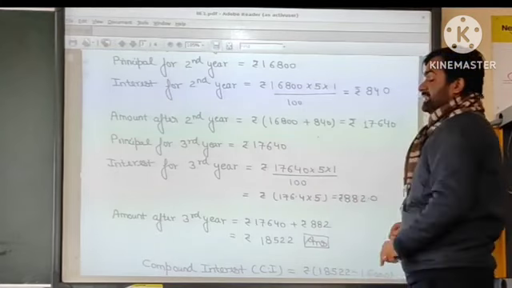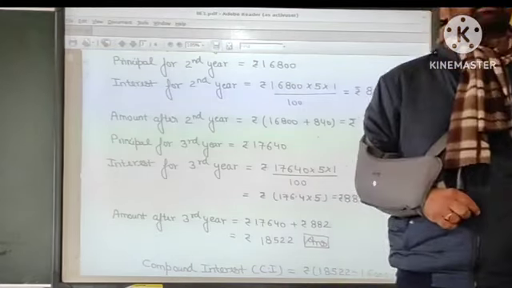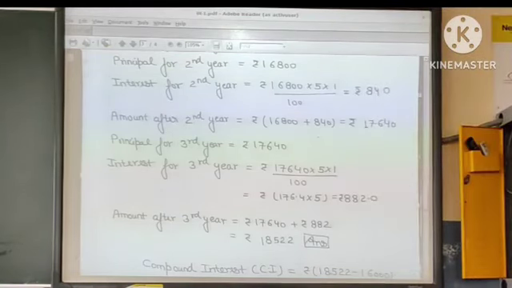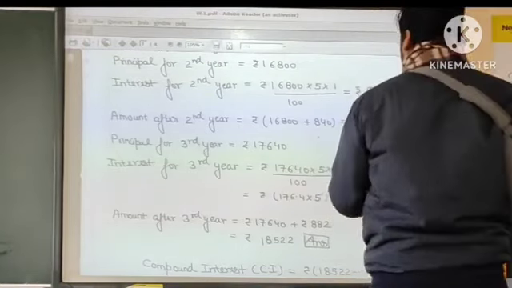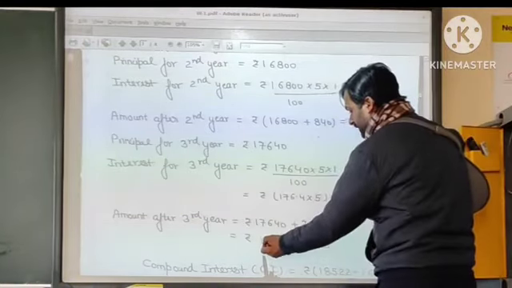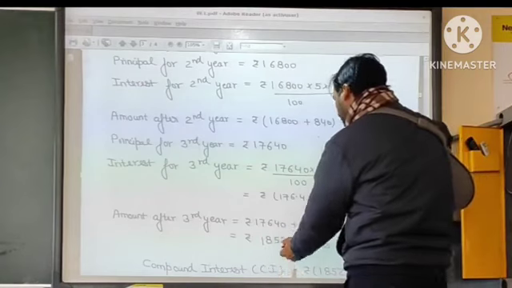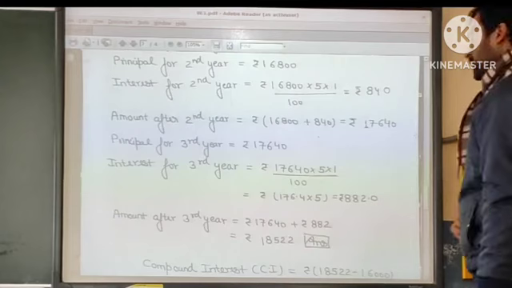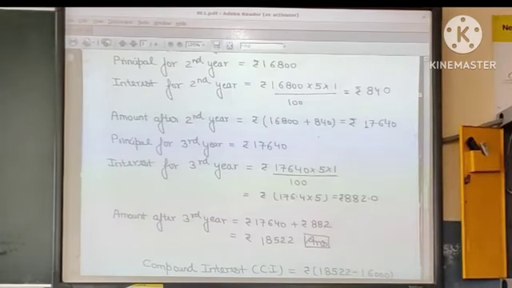So rupees 882 is the interest in the third year. Now the interest earned in the third year, when added to the principal, gives the amount after third year. That is rupees 882 plus 17,640, so it is 18,522.